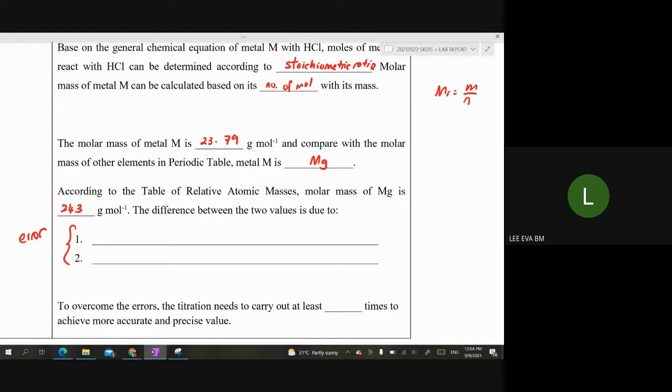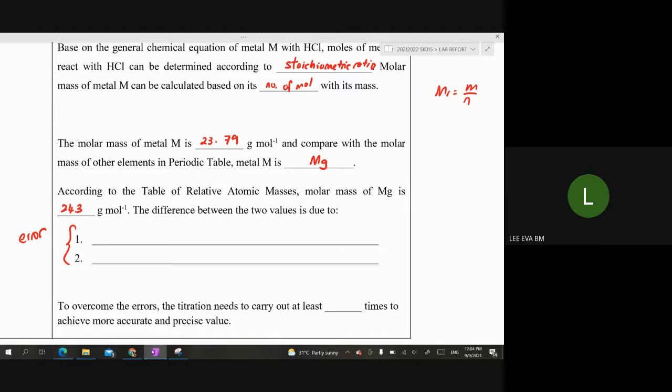Nampak kan tadi dekat metal strip dia ada hitam-hitam, itu adalah oxide layer. So maybe the oxide layer is not completely removed. Maybe you can think about the reaction. The reaction between your HCl and metal M maybe is not complete.